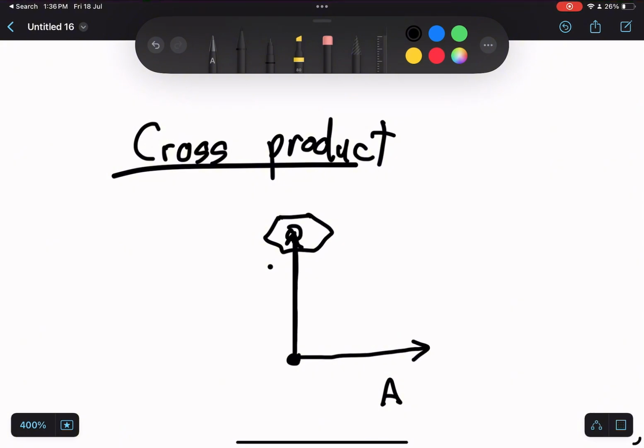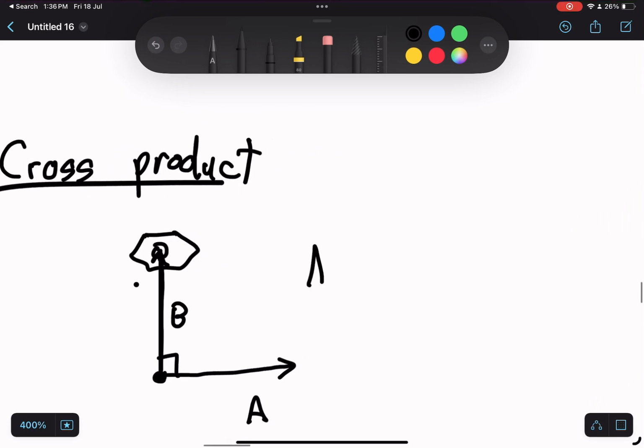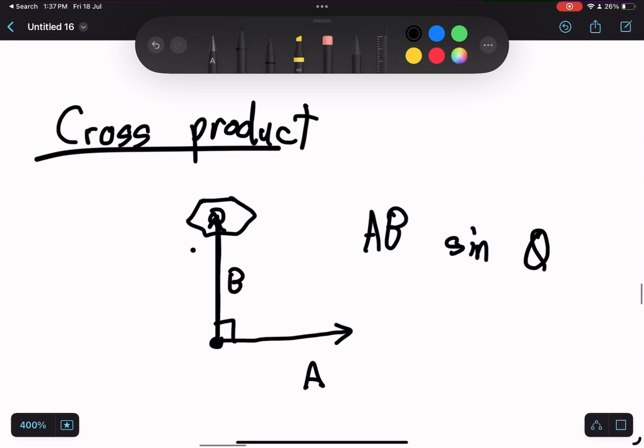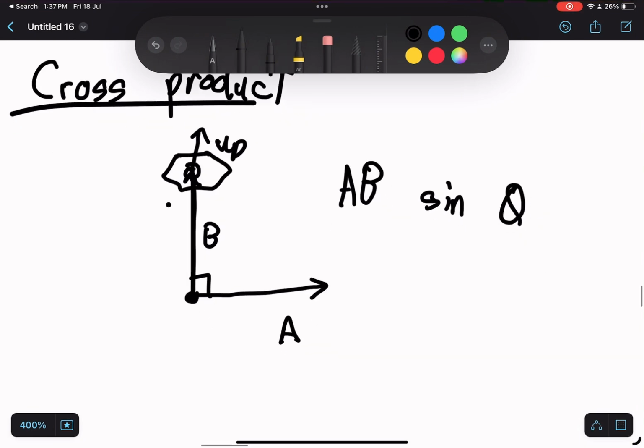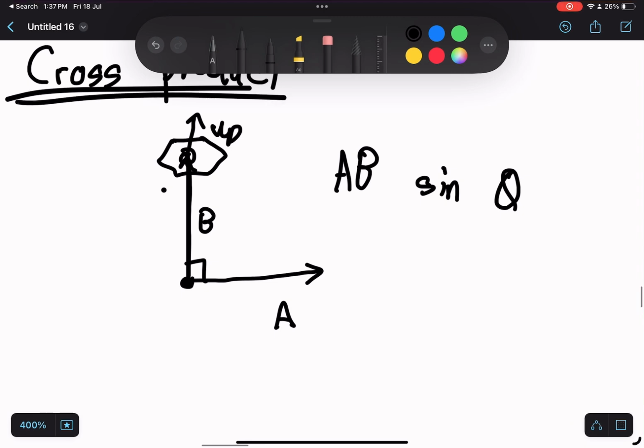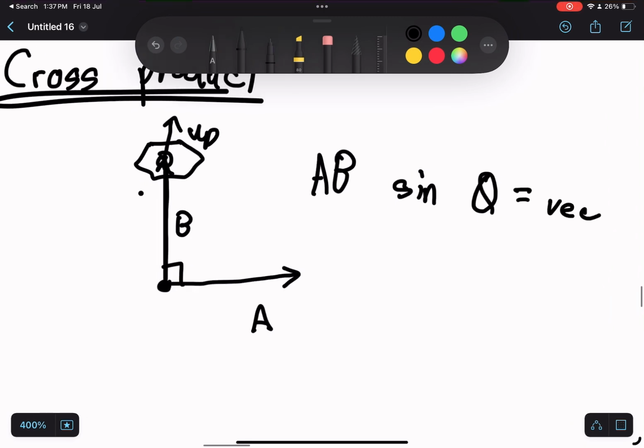Let's say the force is exerted in direction A, and then from the center of the screw to the wrench is B. The cross product would just be AB sine theta. Well, at least its magnitude, cause the cross product actually is a vector. This means that it should have another direction for it to be a vector.